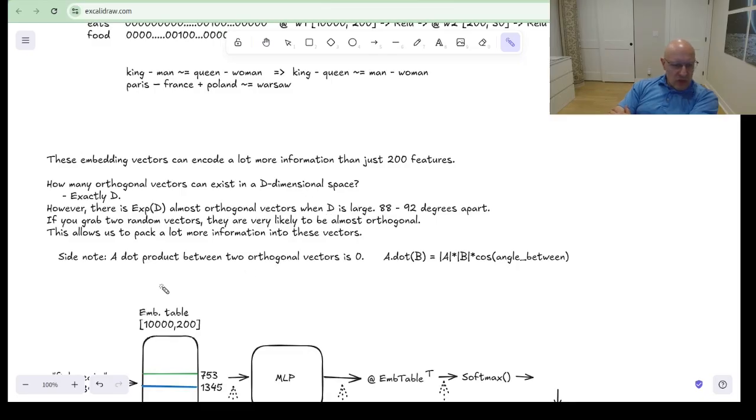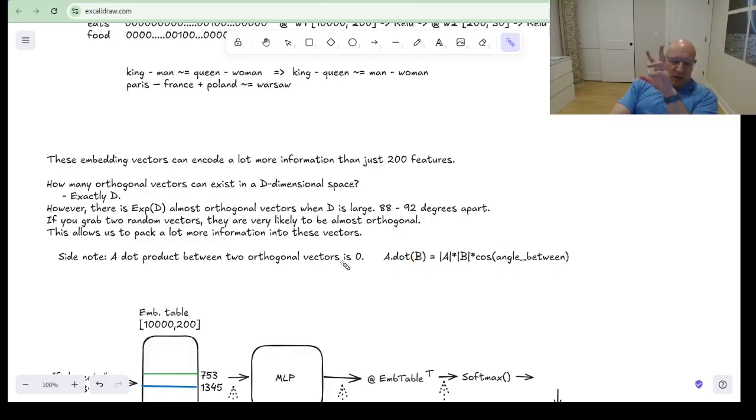Another thing I should mention is that the dot product operation that we have been doing has this mathematical property that if two vectors are orthogonal, so at 90 degrees to each other, then the dot product between them would be 0. Because another definition of a dot product is the length of vector A times the length of vector B times the cosine of the angle between them.